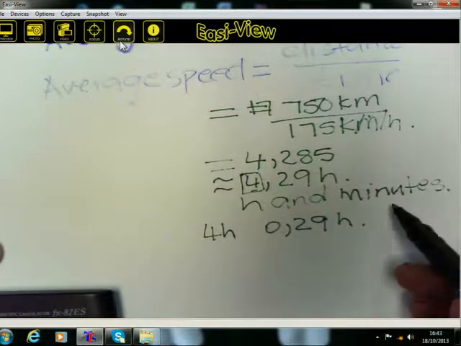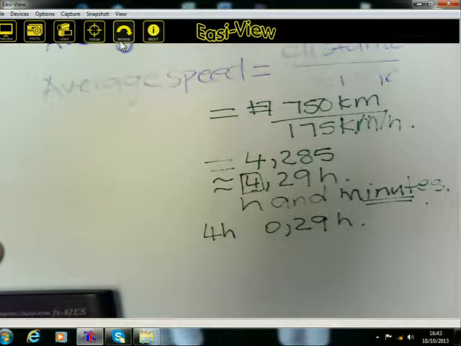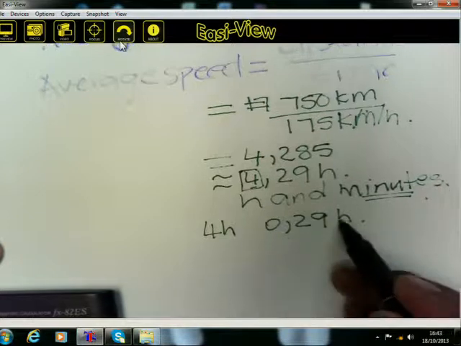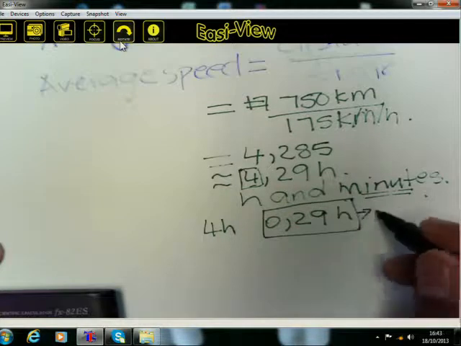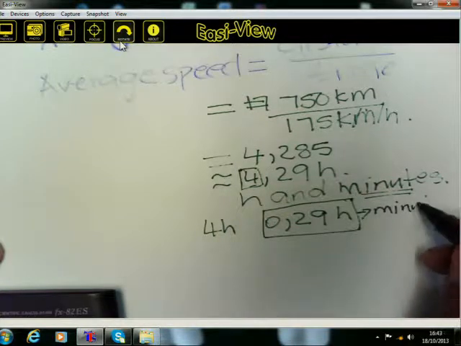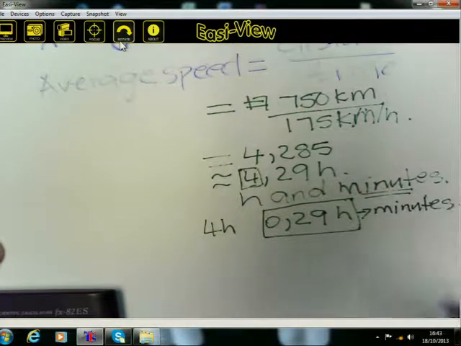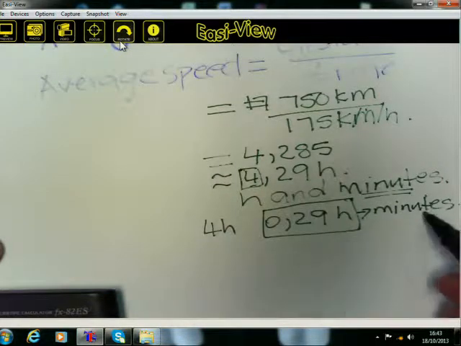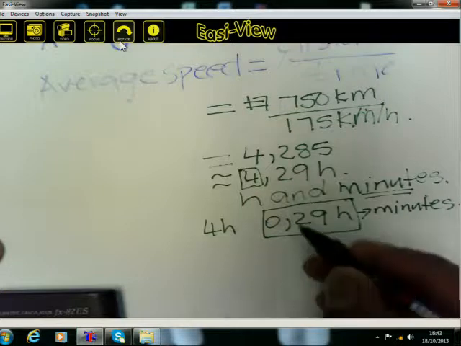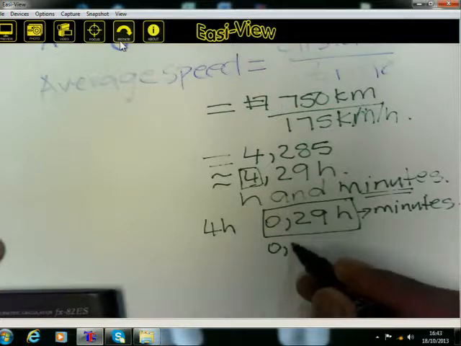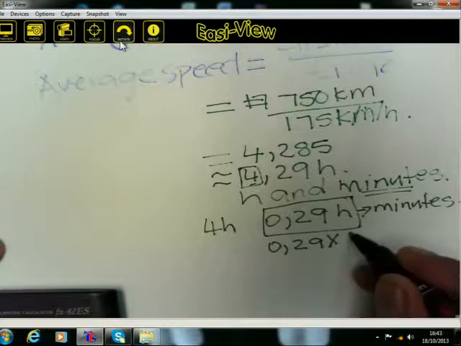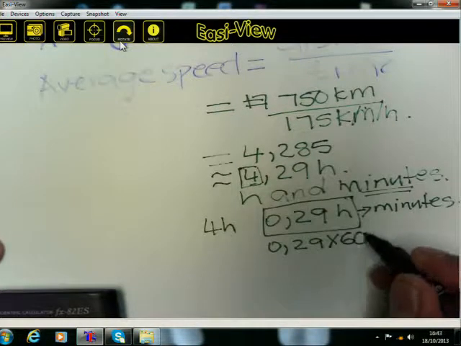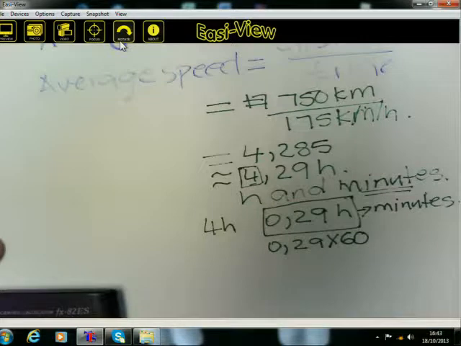But because they said hours and minutes, we are going to convert these hours to minutes. Therefore, we are going to say 0.29 multiplied by 60. Why are we multiplying by 60?